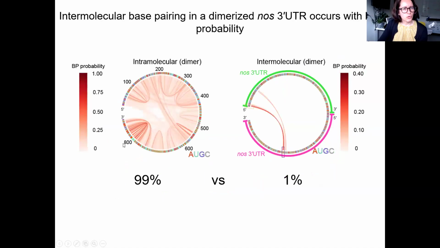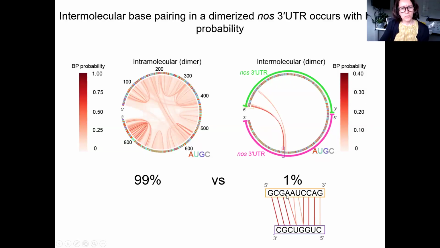In fact, the majority of base pairing interactions occur within the molecule itself, so they are intramolecular, and only a small percent occur between the RNAs. And these interactions occur with low base pairing probability, and they use sequences that have low sequence complementarity.